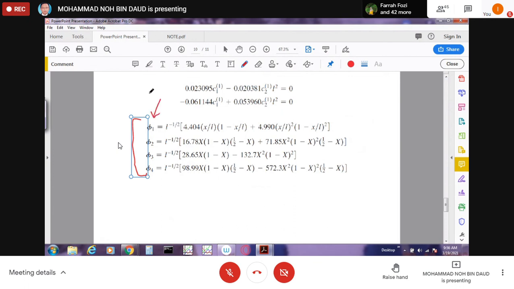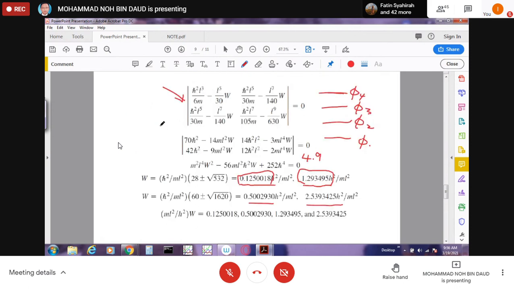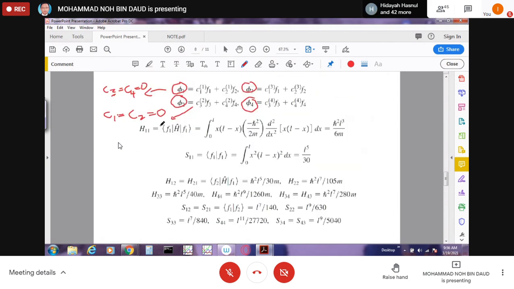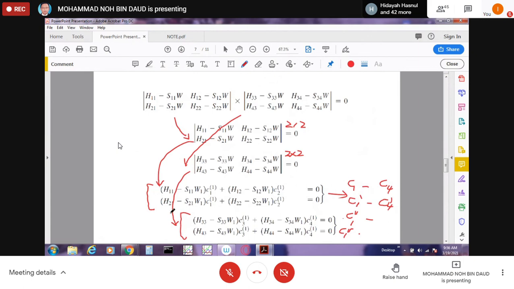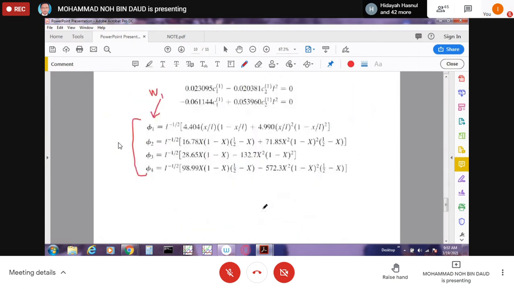When we use this approximate energy, we substitute into the simultaneous equation, and we will obtain this W. So this is the second W, this is the third W, and this is the fourth W, into the simultaneous equation.